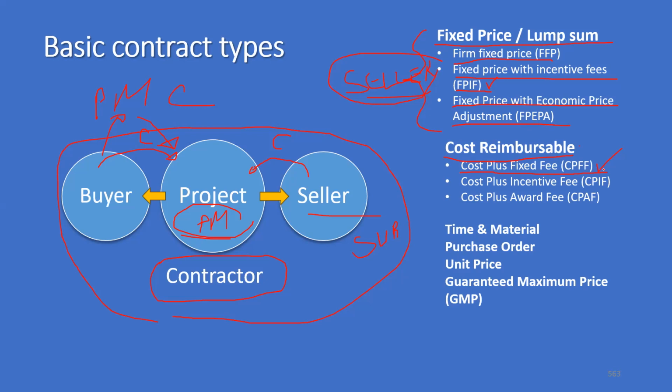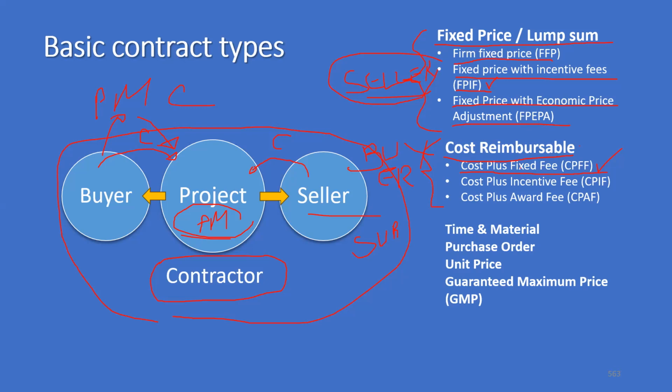But if you go there for a 5-day assignment and the assignment extends to 10 days, in that case, the buyer will have to spend more money. So in all cost reimbursable contracts, the cost risk is with the buyer. I'm talking about only the cost risk. Other risks are still with the seller. Cost risks are high on the buyer in all cost reimbursable contracts.